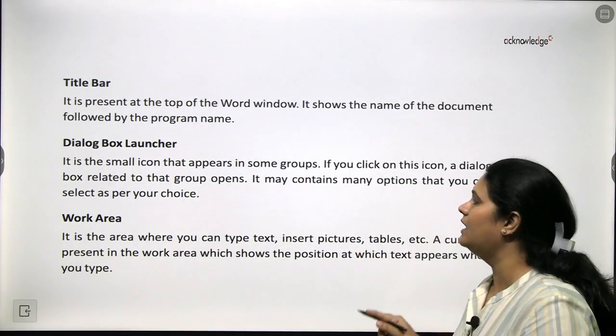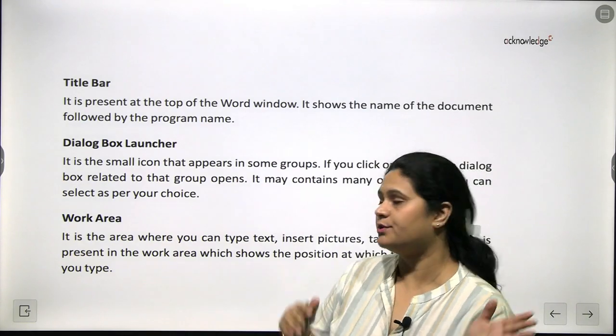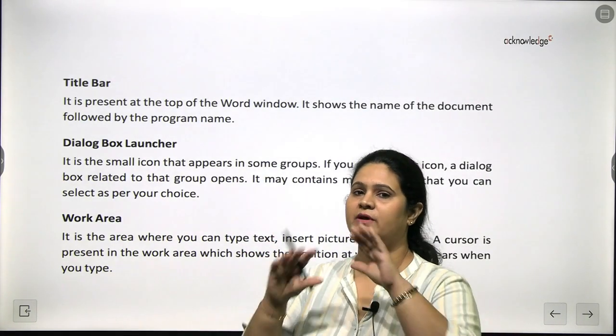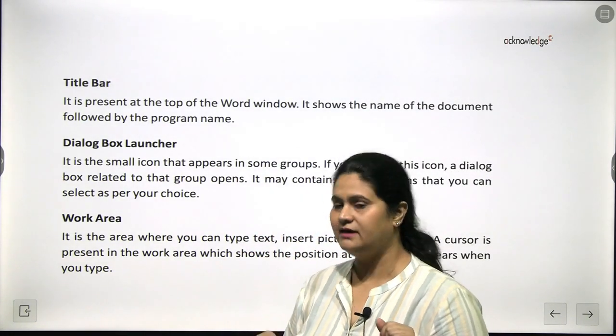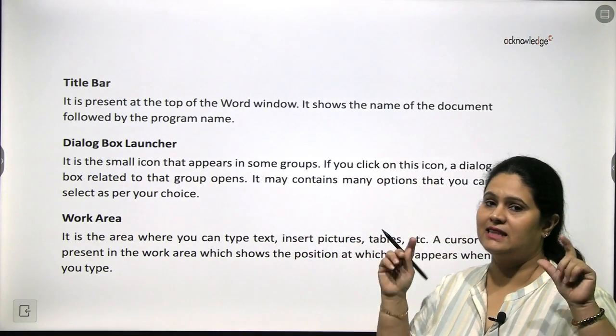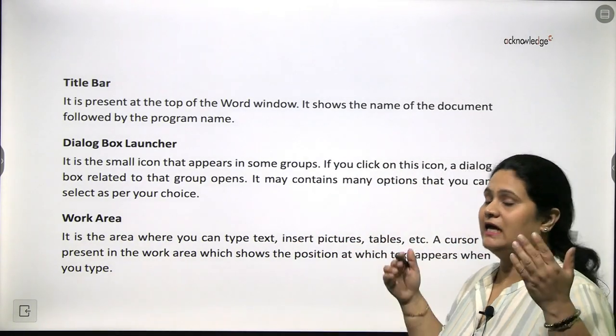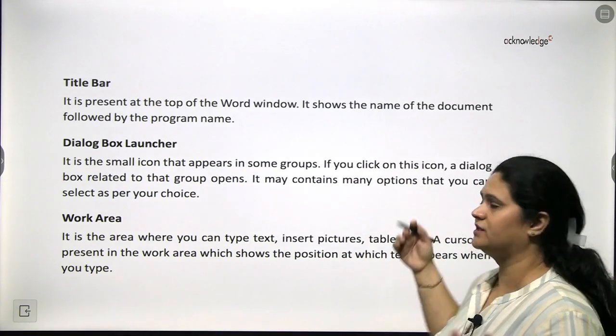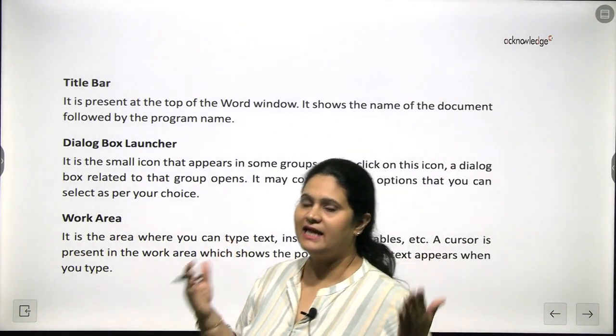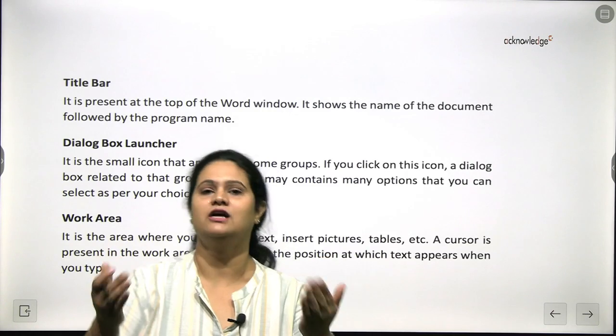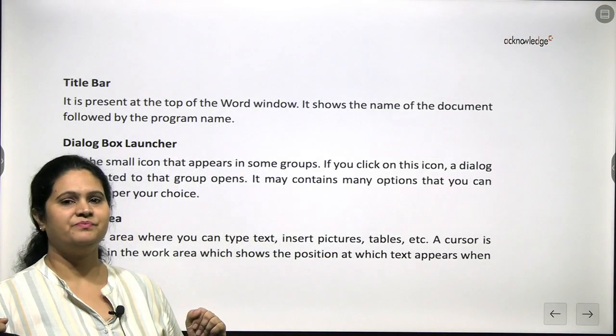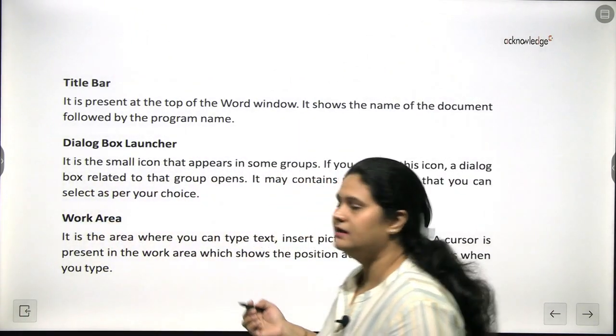A small dialog box related to that group gets opened, right? And what does that dialog box contain? It gives you certain options that you can select according to your choice. Right, children? Very good.